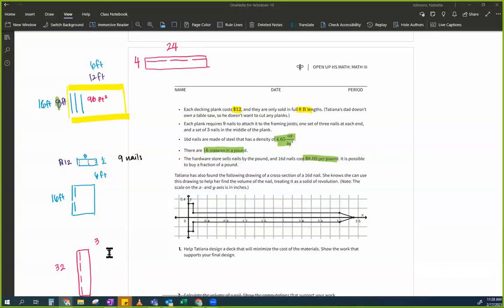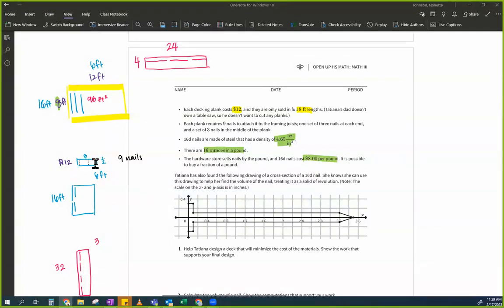What is different in all of these, right? What is the same? Yeah, they're all 96 square feet, right?